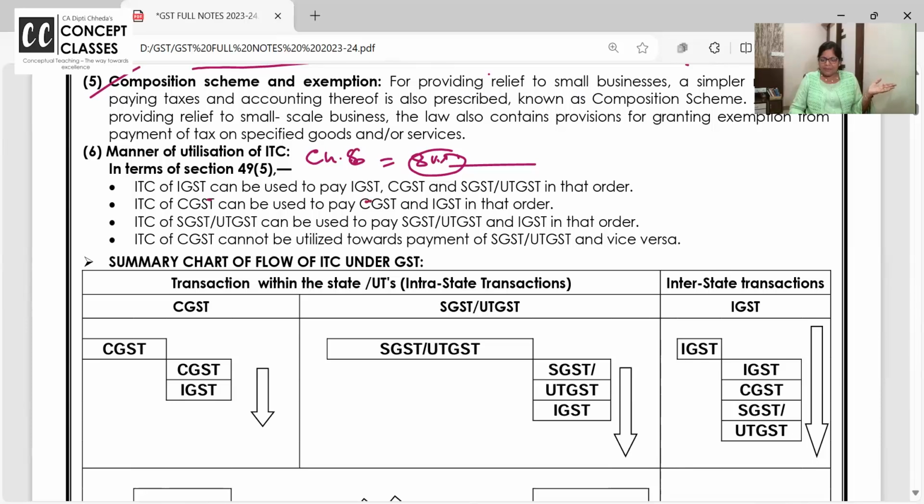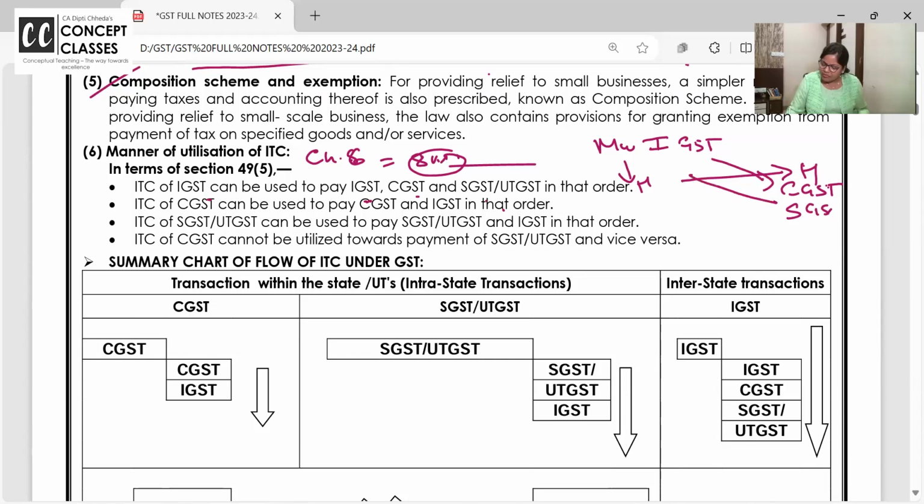Input IGST will be set off in output IGST, then CGST and SGST. Wherever it is SGST, UTGST is there. You know why? Because I may import the goods from Mumbai to Hyderabad. I'm paying IGST. Now I sell in local Hyderabad. So I'm collecting what? Intrastate, CGST and SGST.